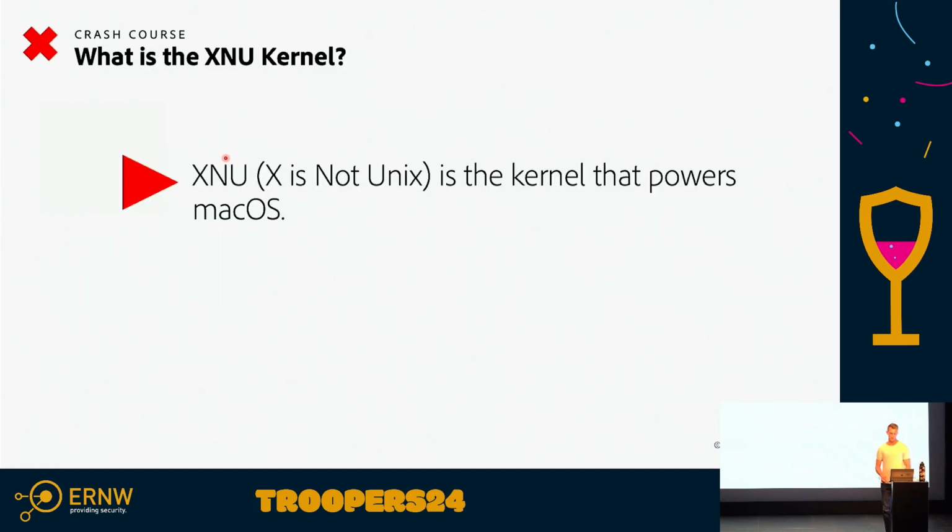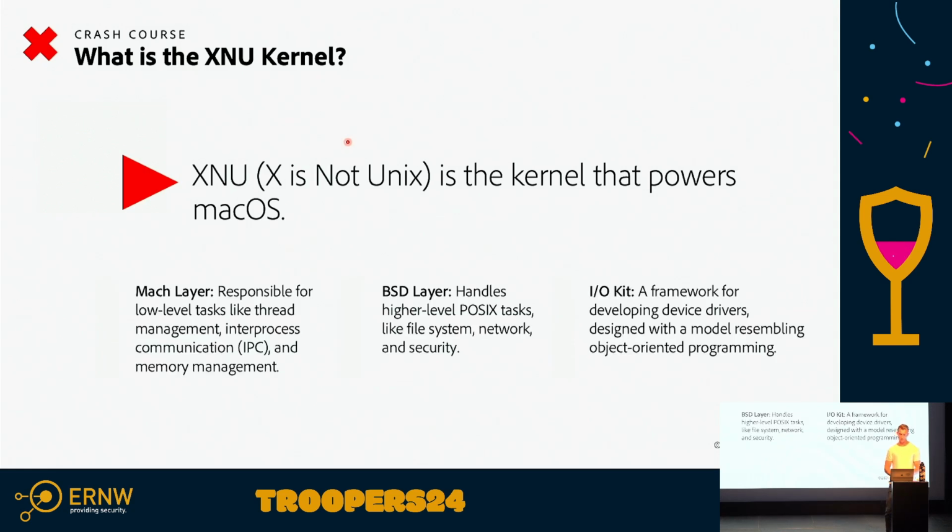OK, let's do a quick crash course into the XNU kernel. This is the kernel that powers macOS. There are three main layers of the XNU kernel that I want to talk about. First off is the Mach layer. This is responsible for most of your low-level tasks like thread management, IPC, inter-process communication, and memory management.